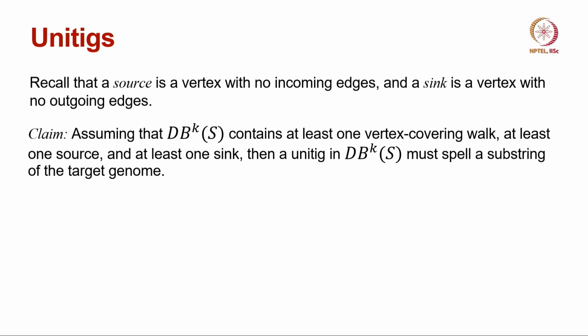The claim is that if the De Bruijn graph has at least one vertex covering walk, at least one source vertex and at least one sink vertex, then a unitig in the De Bruijn graph must spell a substring of the target genome. So, these unitigs are safe output to be given to the user, and they spell the substring of the target genome that we want.